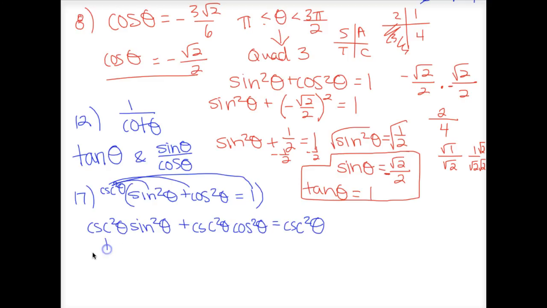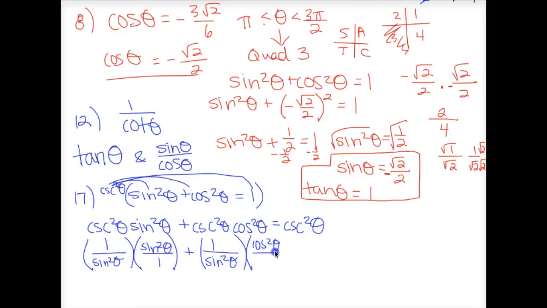So that means that cosecant squared is 1 over sine squared theta. So this plain sine squared theta doesn't have a denominator, which means its denominator is 1. Here, again, for cosecant squared theta, I'm substituting 1 over sine squared theta. Cosine squared theta doesn't have a denominator, so it's going over 1. And for cosecant squared theta, again, I substitute here.